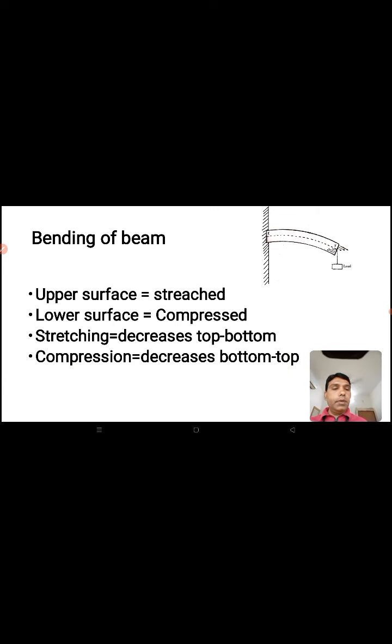So, what is bending? It is simply the bending of a beam. Before that, we have to see what a beam is. A beam is a single, uniform, continuous material throughout, either rectangular or circular.